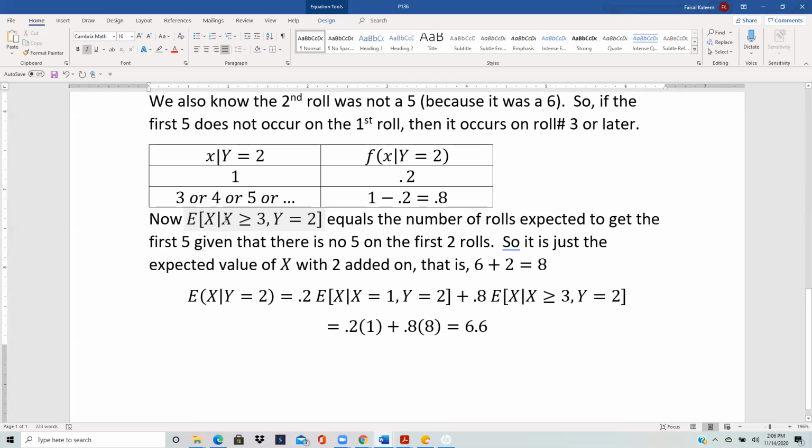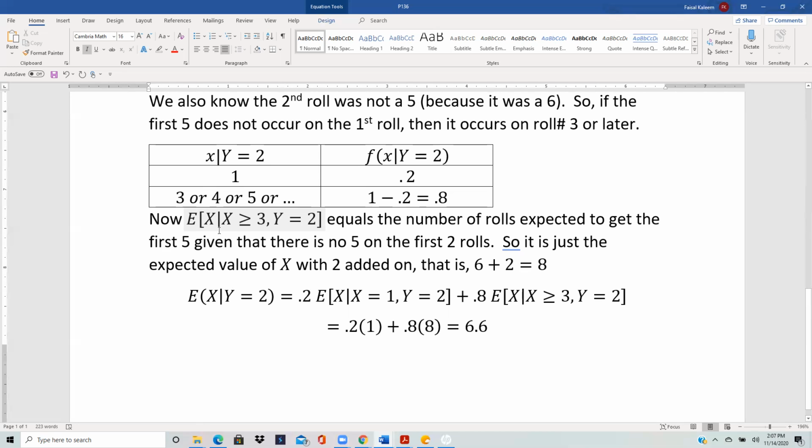So the normal expected value is x given x is greater than or equal to 1, because the first 5 can happen on the first, second, third, fourth, and so on. So the normal expected value is 6.